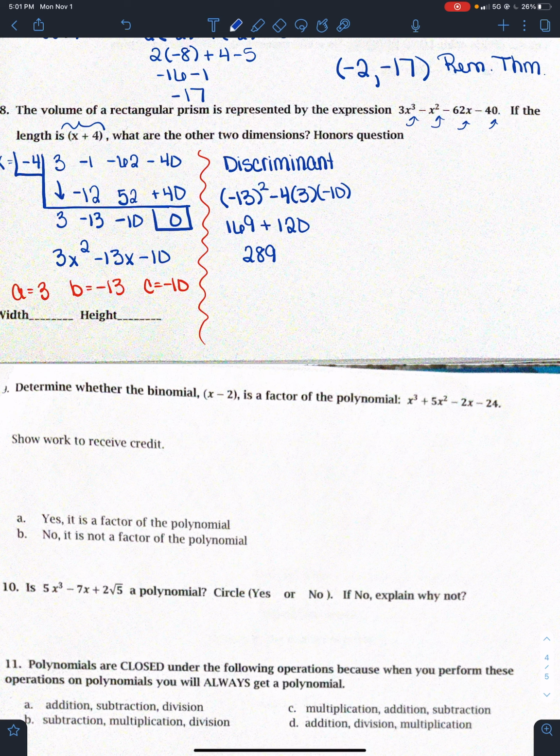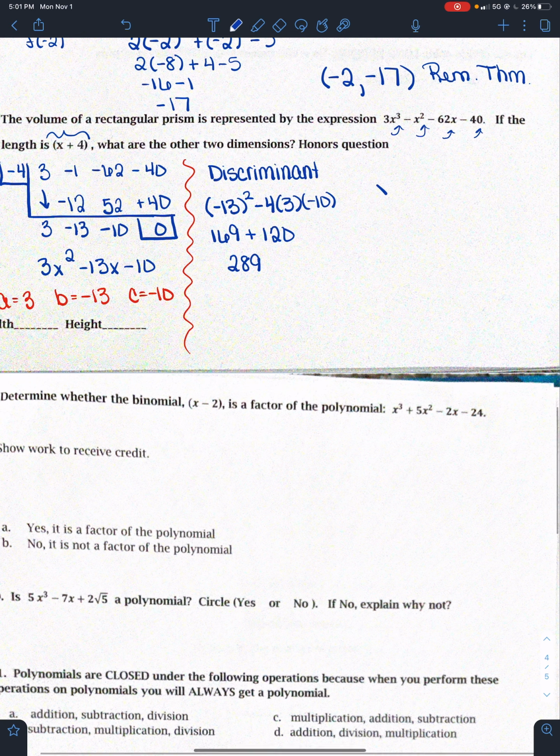Okay. So once we have our discriminant, we can go ahead and then plug that into the whole quadratic equation and work from there. So we have x equals opposite b plus or minus the square root of 289 over 2 times a.